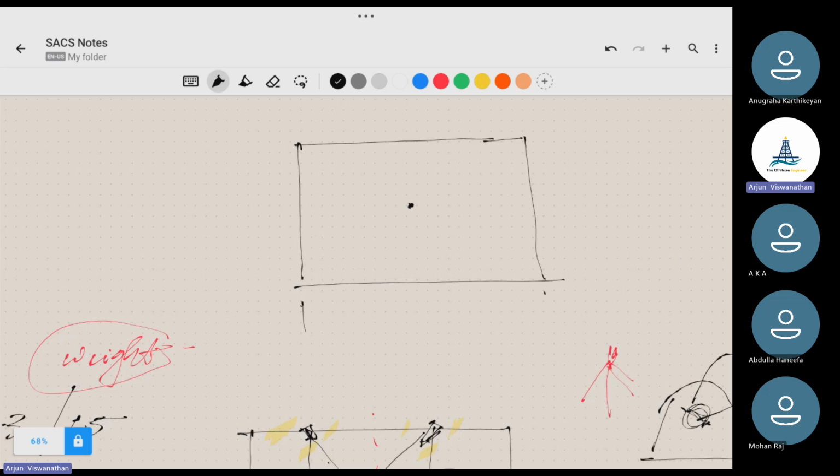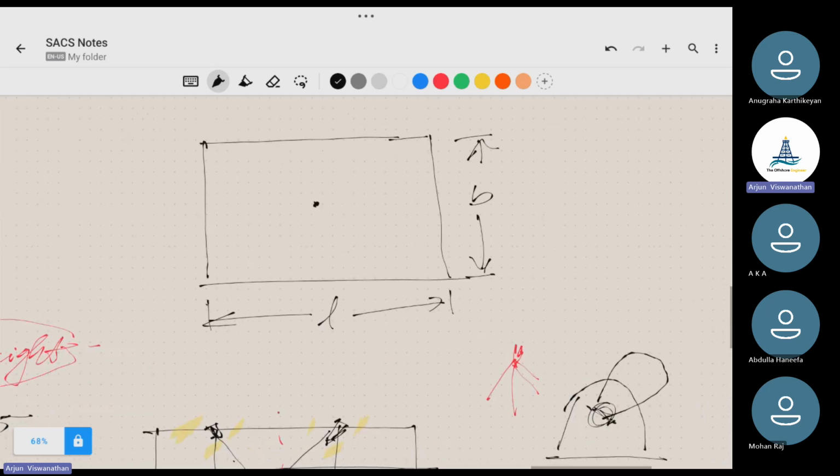Let's say this is of length L and this is of breadth B. Some companies will tell you that your COG envelope can come anywhere within 5% or 10% of the actual dimension. So let's say we go for 10%. What it indicates is, let's say this is our COG.